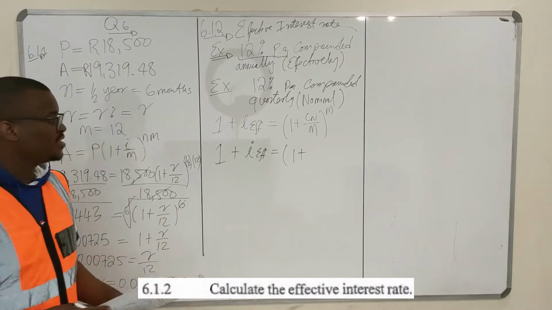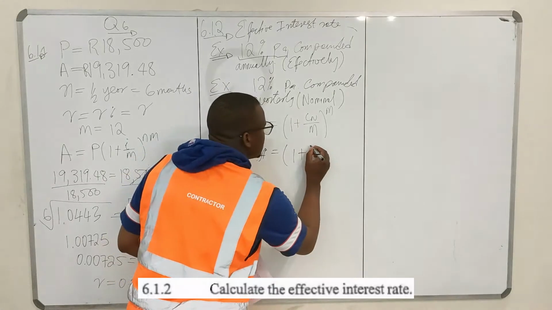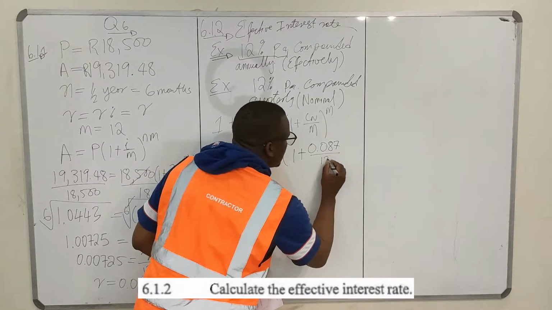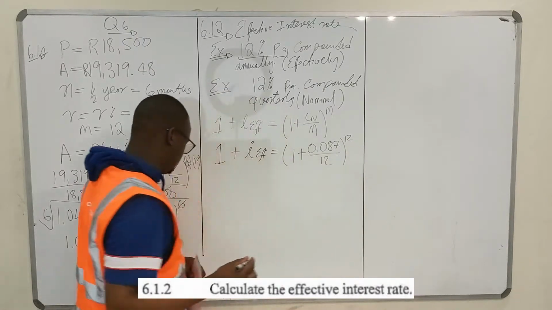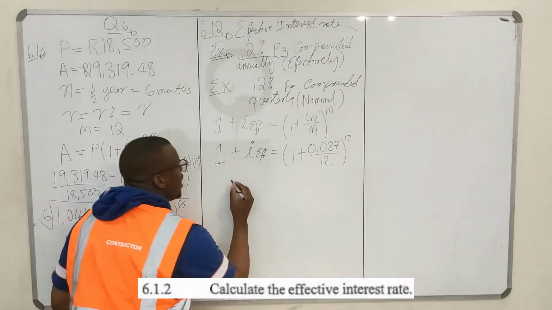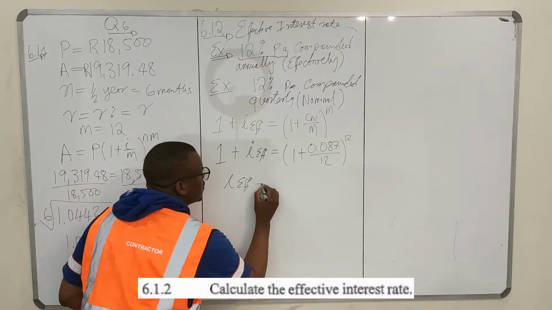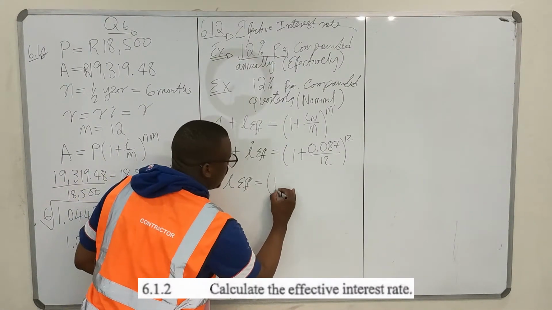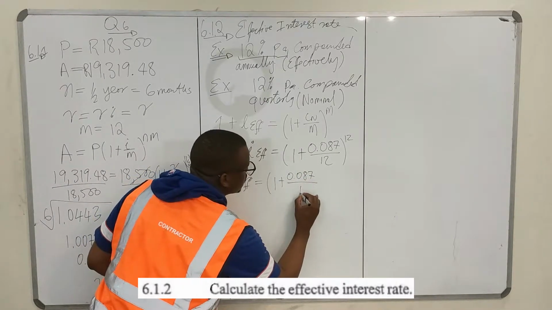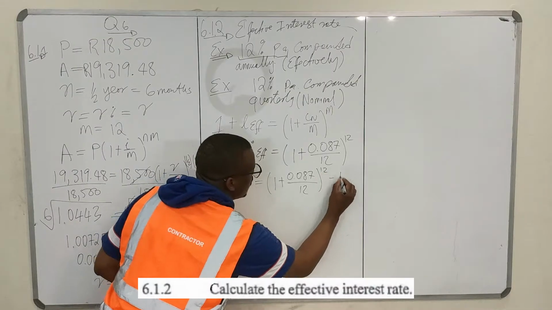So you have calculated the nominal interest rate down here, and we want to find the effective. So you say 1 plus 0.087 over 12, raised to 12. Right? So you solve for I. I effective is equal to what? 1 plus 0.087 all over 12, raised to 12, minus 1.